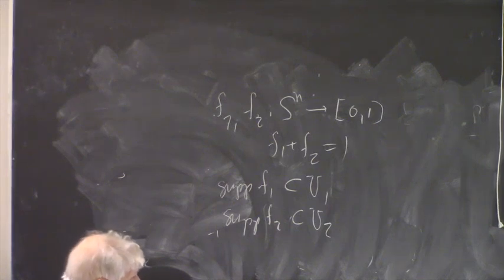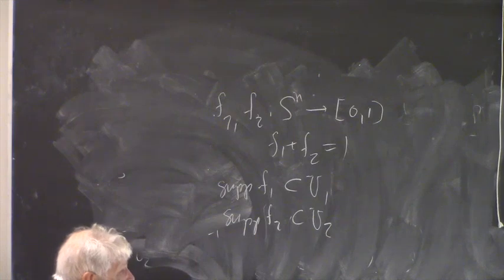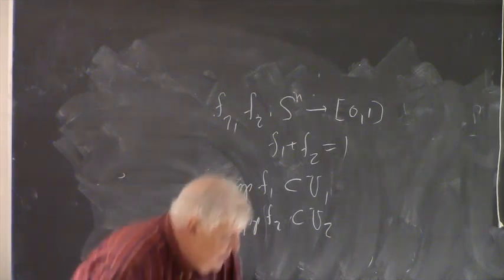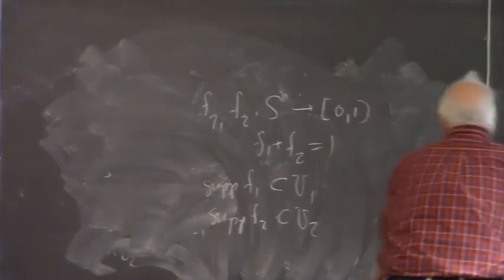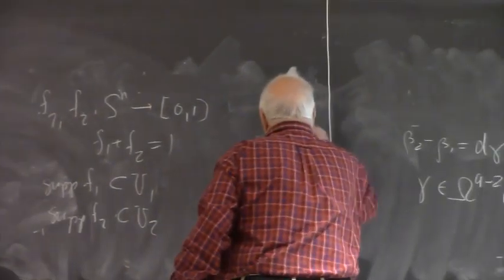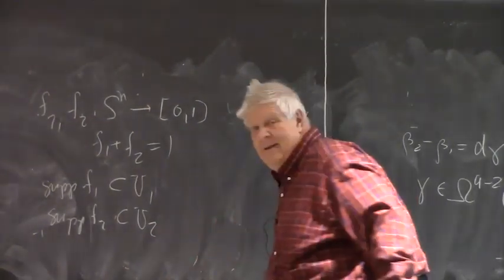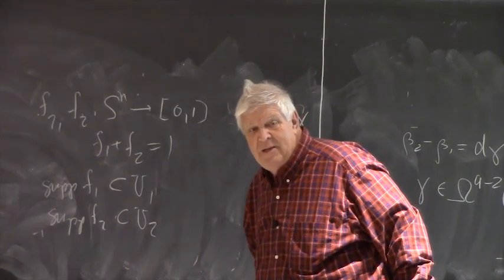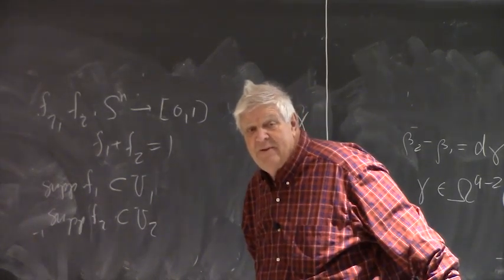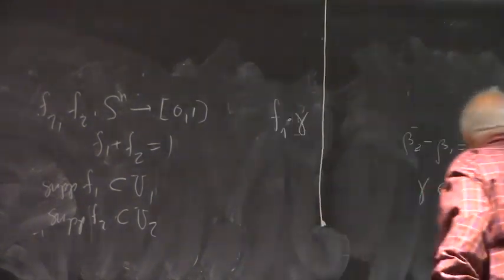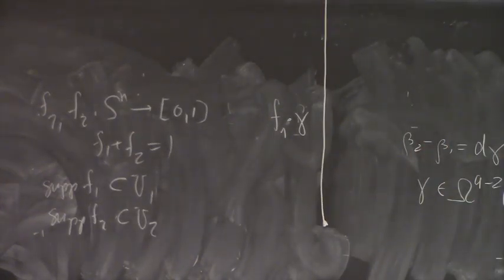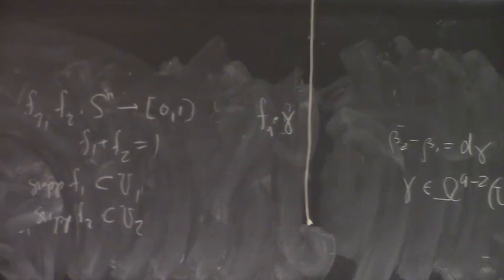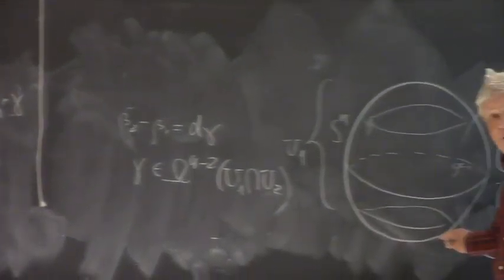Then I do the following. Consider the form f1 times gamma. And my stupid question, where is it defined? Certainly gamma is defined on the intersection of U1 and U2. But the function f1 is equal to 0 in the complement of U1.